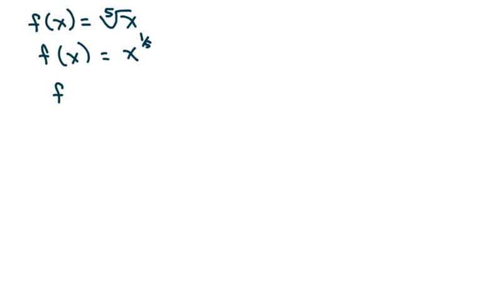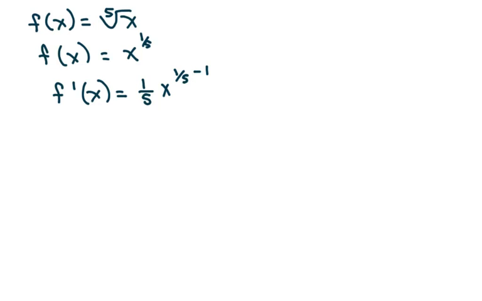We have f of x equals the 5th root of x. So the first thing I'm going to do is rewrite this as x to the 1/5. So when you get that, you're going to get the derivative of f of x equals 1/5 x to the 1/5 minus 1.